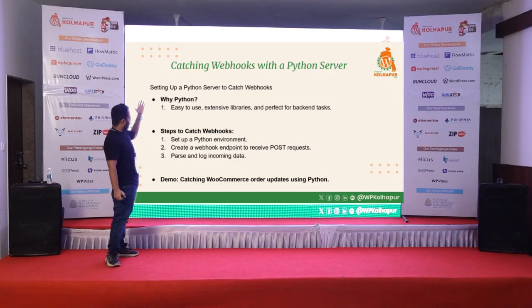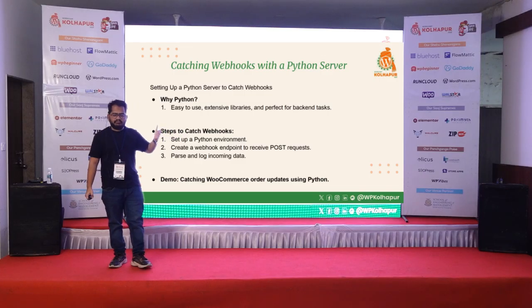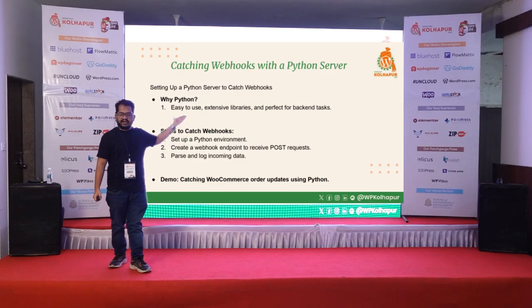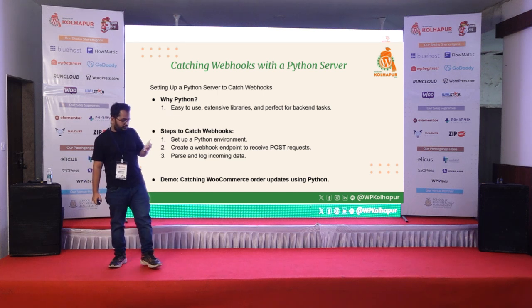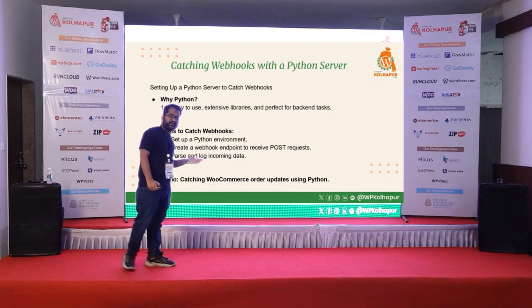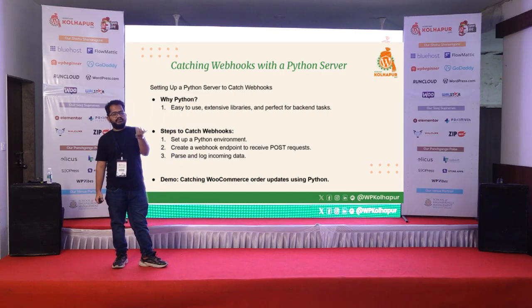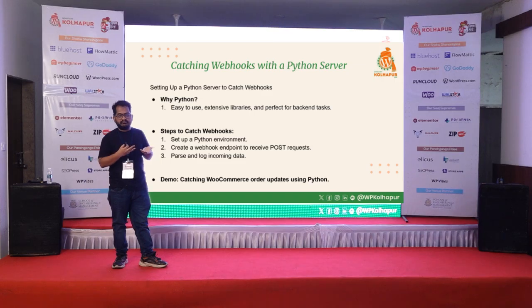We have lots of web application and API development frameworks, and one of them is Flask. There are lots of others: FastAPI is one framework, Django is one framework. On top of Django, they built Django REST Framework, which helps to develop an API.